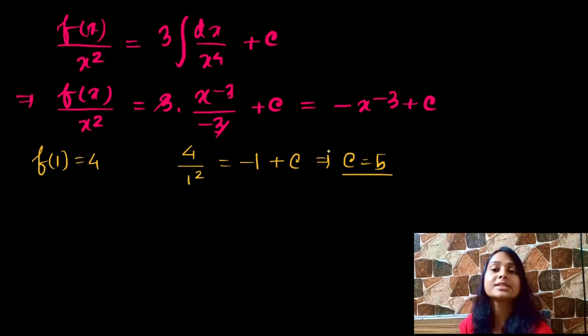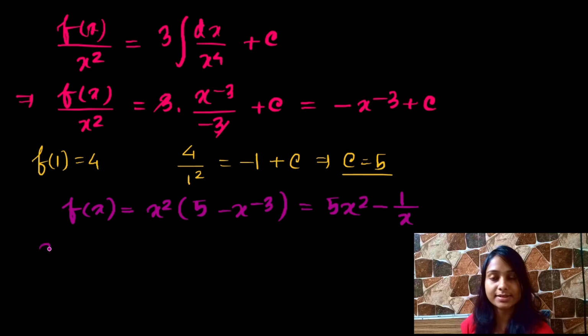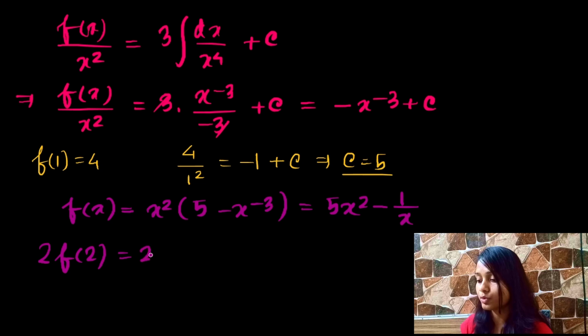So by putting this c equals 5 here, we will get this expression, which is f x equals x square times 5 minus x power minus 3, which is 5x square minus 1 by x.